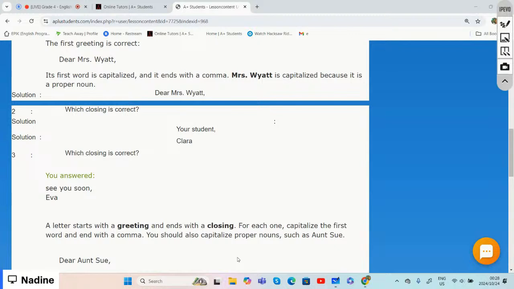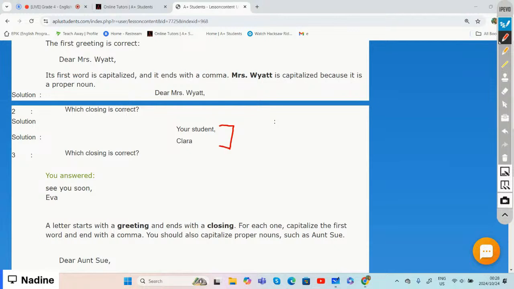So if you were, for example, to write a letter to Aunt Sue, can you tell Aunt Sue this is from your student Clara?